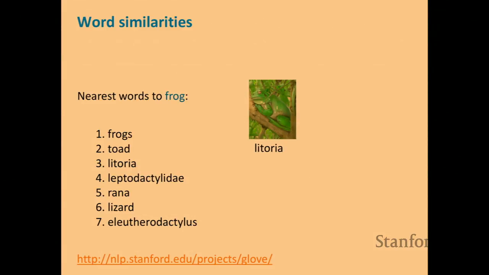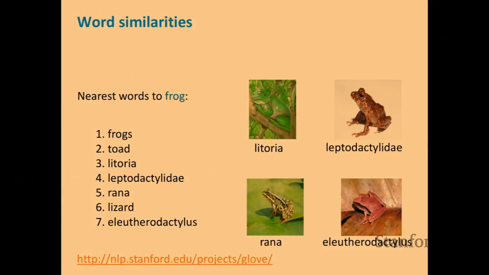And when you look up what they actually mean, it turns out they're all different kinds of frogs. So it learned this just by looking at a lot of text. So you take all of Wikipedia, or sometimes Common Crawl, which is an attempt to crawl the entirety of the internet, and we'll actually be able to find all these similarities between words.